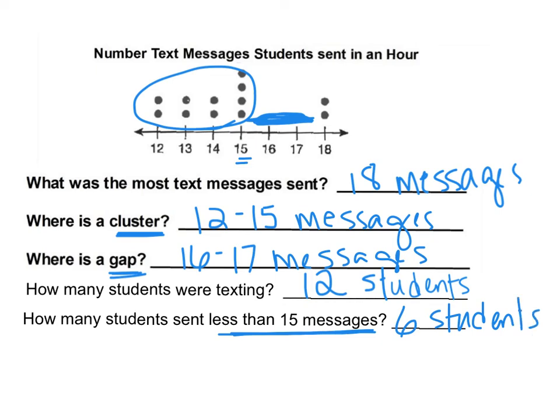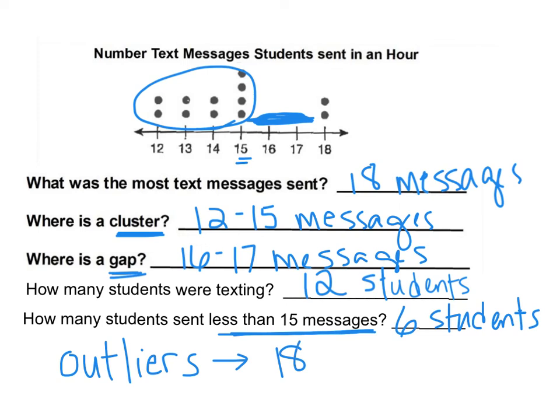Okay, one more thing I want to add to this. It's not on here, but you guys can add it. We have what we call outliers whenever we're talking about our data. Outliers would be any piece of data that is much higher or much lower than the rest of your data. So in this case, I think we could say that 18 could be an outlier.